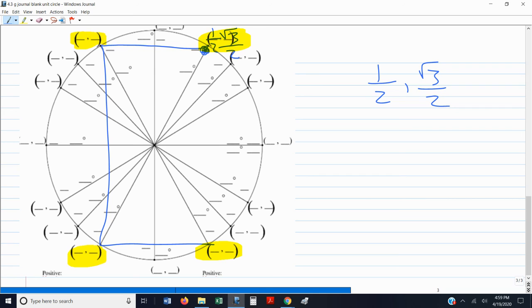In quadrant 2, you're going to have a negative x, so negative 1/2, and a positive y, √3/2. In quadrant 3, they're both negative, so negative 1/2 and negative √3/2. And in quadrant 4, you have a positive x, which is 1/2, and a negative y, which is negative √3/2.